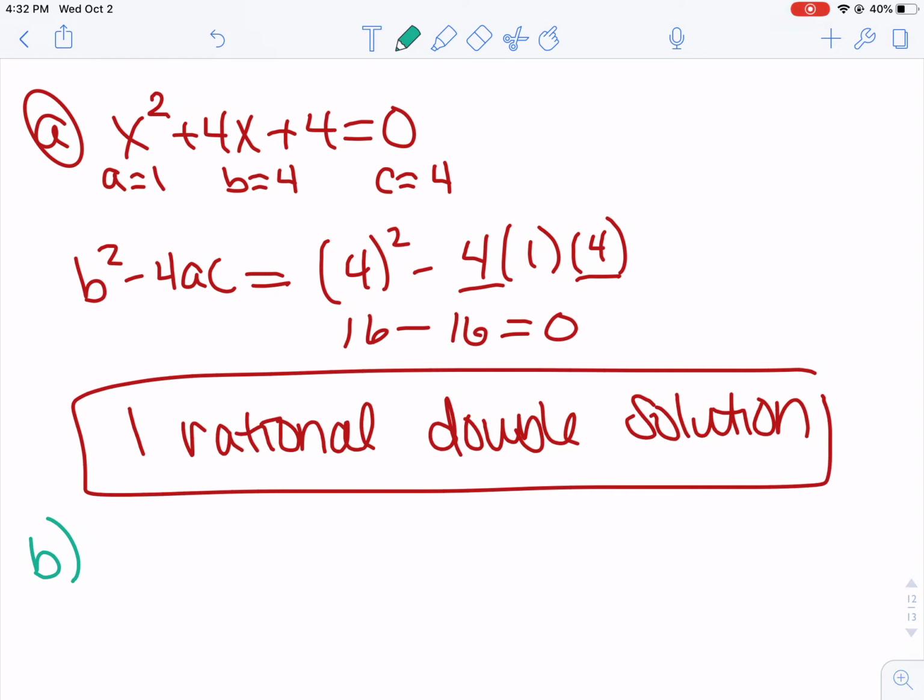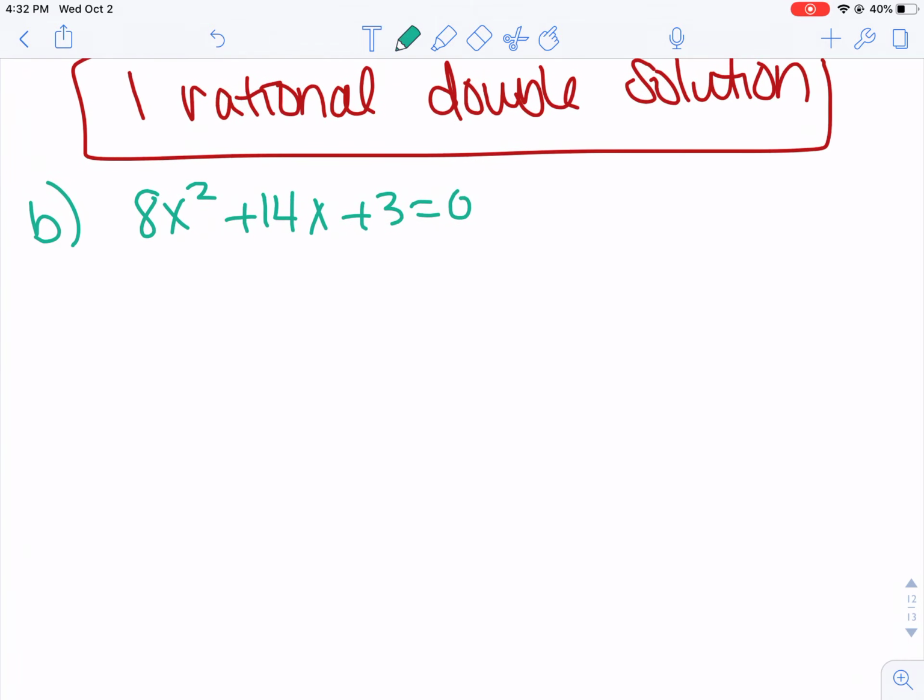So b is 8x squared plus 14x plus 3 equals 0. So that means a is 8, b is 14, c is 3.